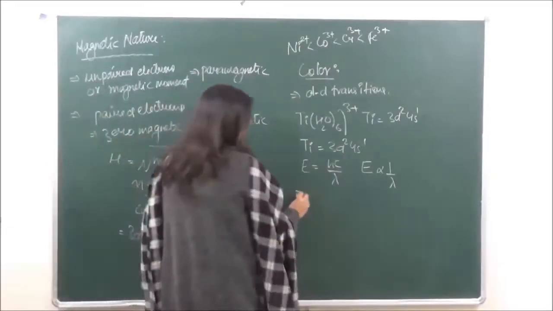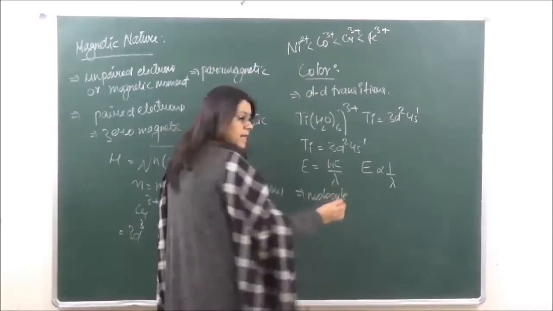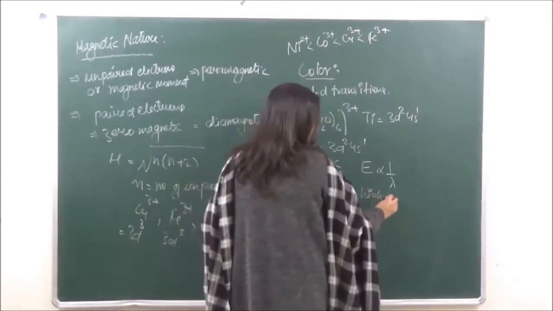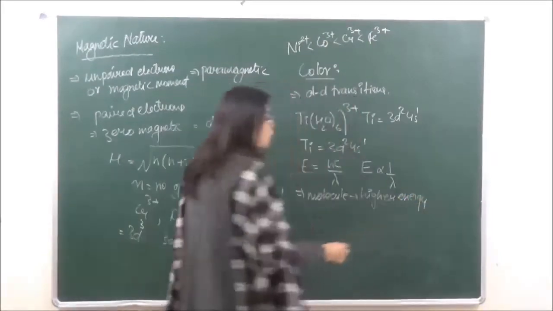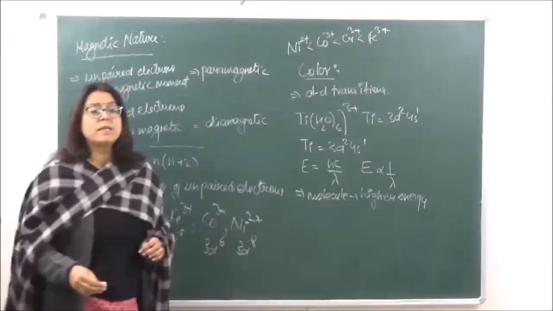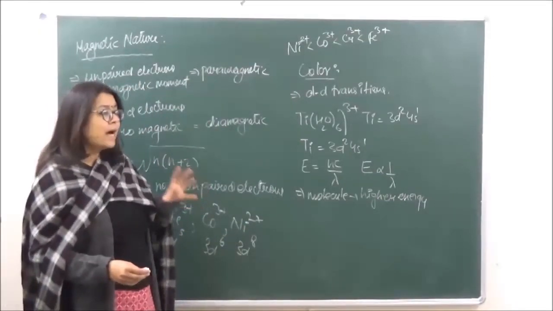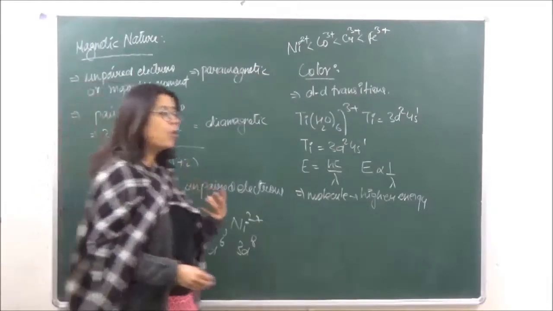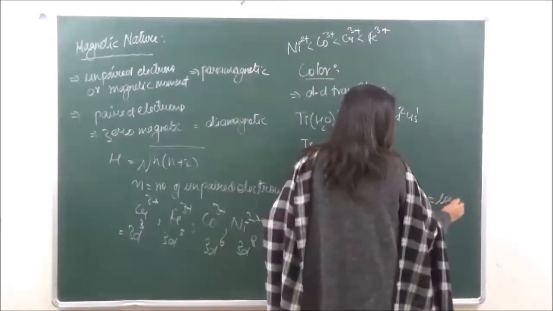Now let's say if we have any molecule or any coordinate complex which has higher energy. Now energy over here we are talking of in terms of crystal field splitting energy. If the crystal field splitting energy is going to be higher, what happens? It is going to absorb radiation of low wavelength.